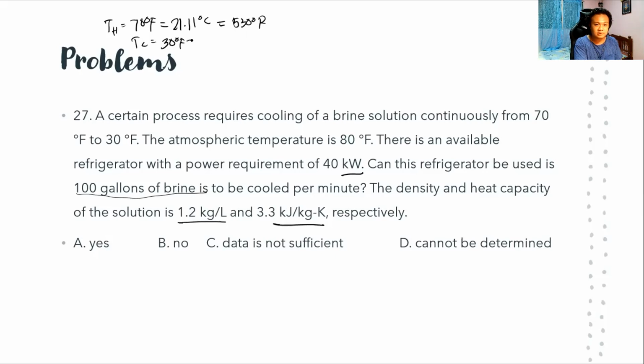That's my advice to you. And then this is 490 degrees Fahrenheit, and then we have Cp, the 3.3 kilojoules per kilogram per Kelvin. So the volumetric flow rate is 100 gallons per minute, 100 GPM.